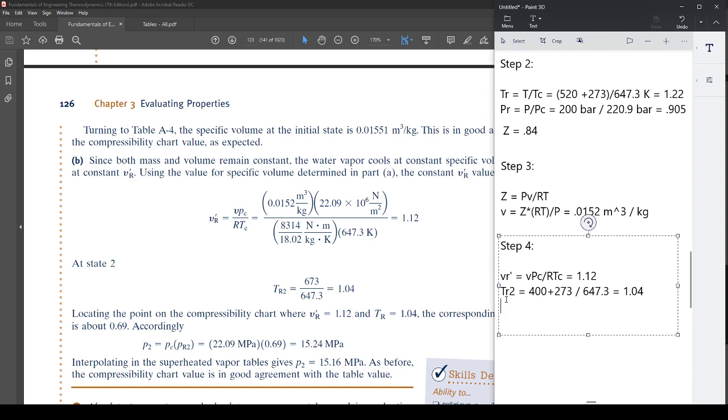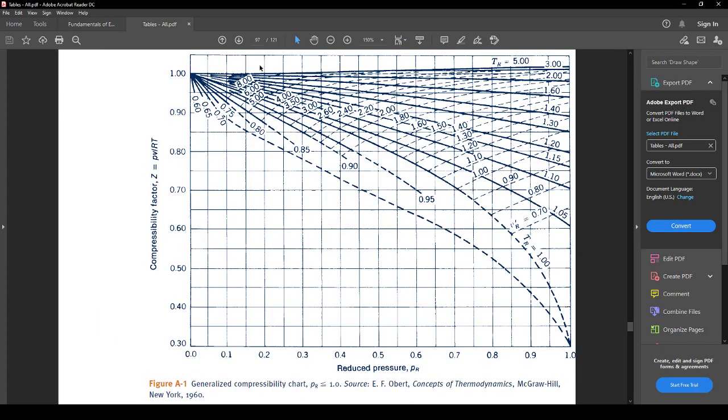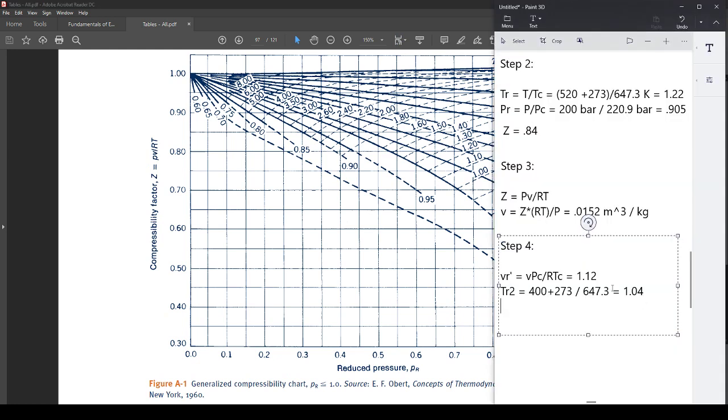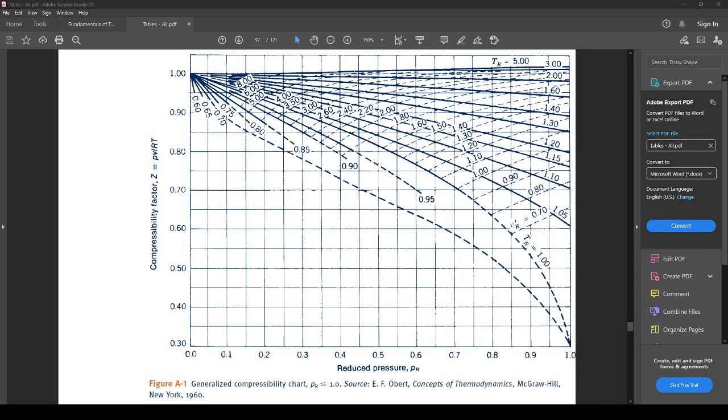All right, so we have TR2 and VR2. So really quickly, let me go back to the table here and show you. So our values were 1.12 for VR, and TR2 was 1.04. So let's go ahead and draw 1.04.